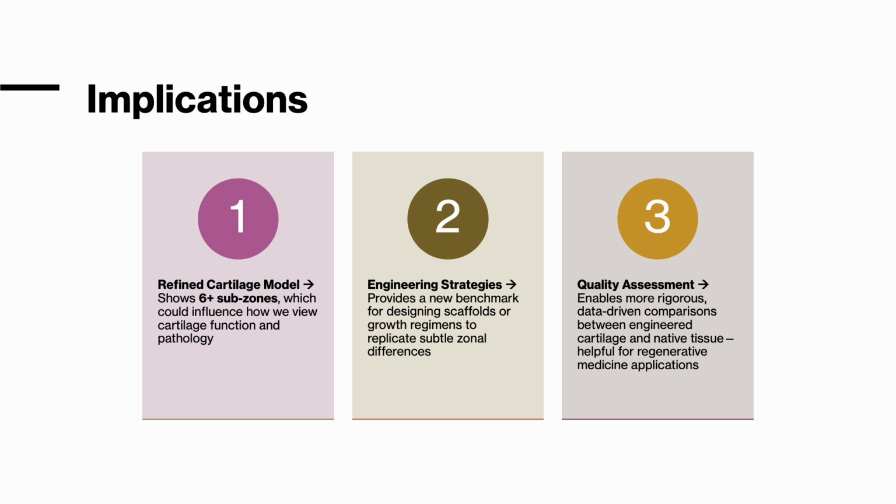Second, the mechanical data confirms these sublayers have functional significance, meaning future therapies to repair or engineer cartilage must aim to replicate that fine-grained structure. The authors particularly emphasize how the extra transitions in collagen alignment near the tide mark might serve as an anchoring or load dampening mechanism that is crucial for long-term cartilage health.